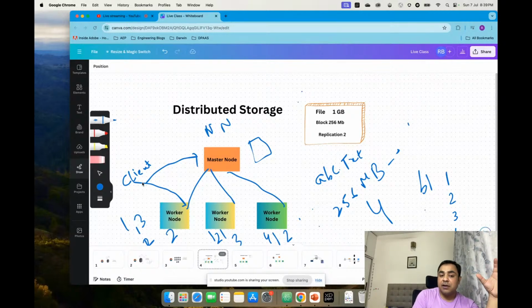In case of a read, the same practice is followed. Let's say another client has to read the abc.txt file. It will go back to the master node and come to know that abc.txt has been broken down into different blocks, and that this block is here, this block is here, and this block is there. This is how basic distributed storage works.